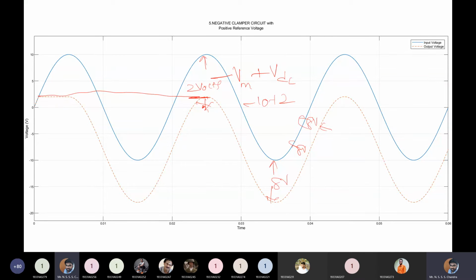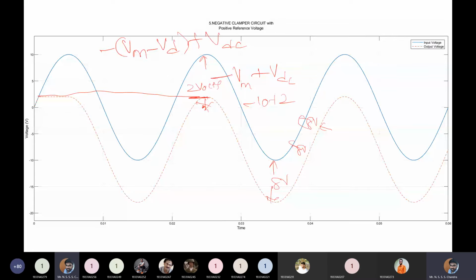This is when you are considering an ideal diode. In case you are considering a practical diode, then what happens? It would have been minus Vm minus Vd plus VDC.